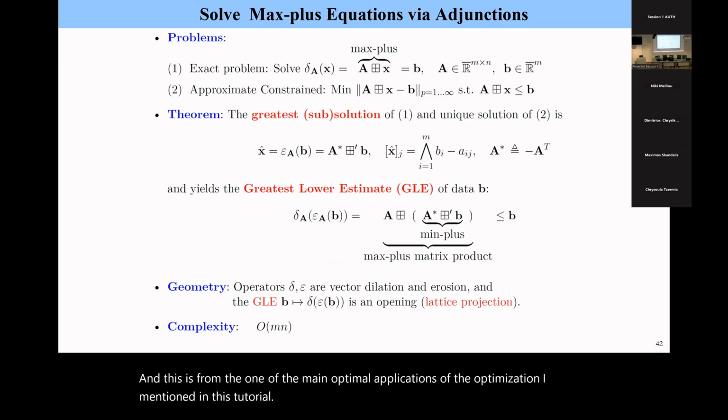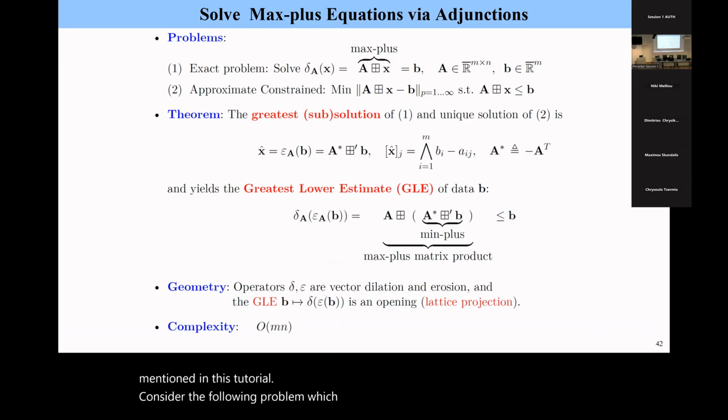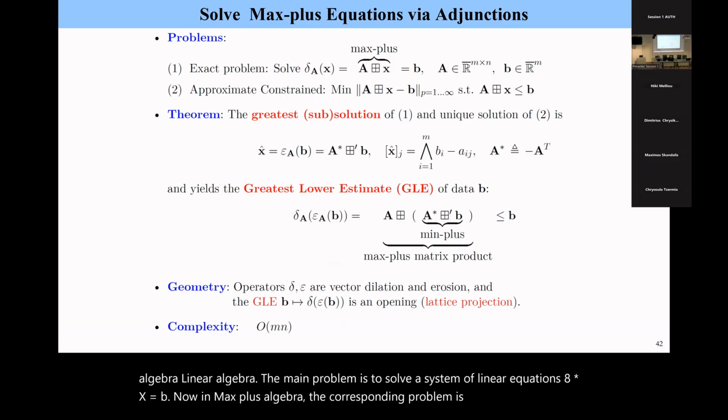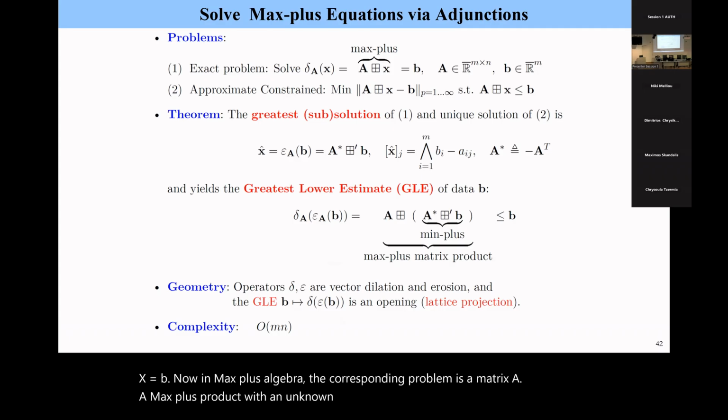Consider the following problem, which is the analog of the central problem in linear algebra. In linear algebra, the main problem is to solve a system of linear equations, A times X equals B. Now, in max plus algebra, the corresponding problem is a matrix A, max plus product with an unknown vector X equals B. How do we solve this system of max plus equations?